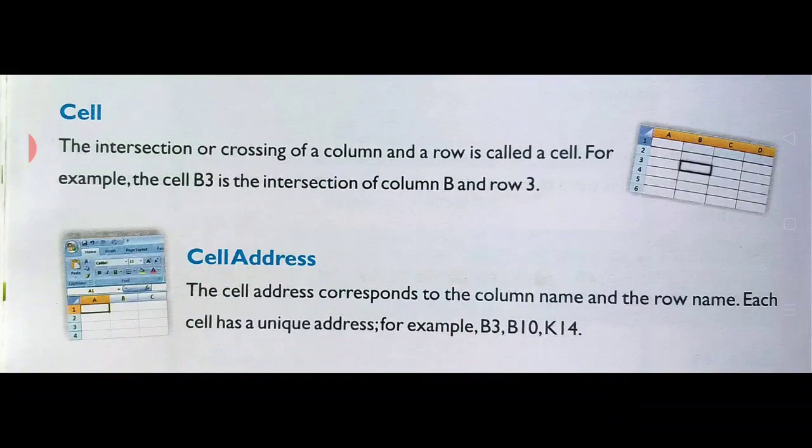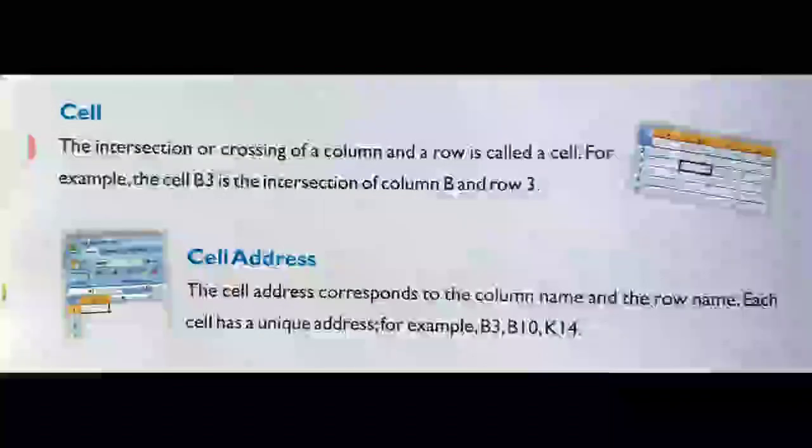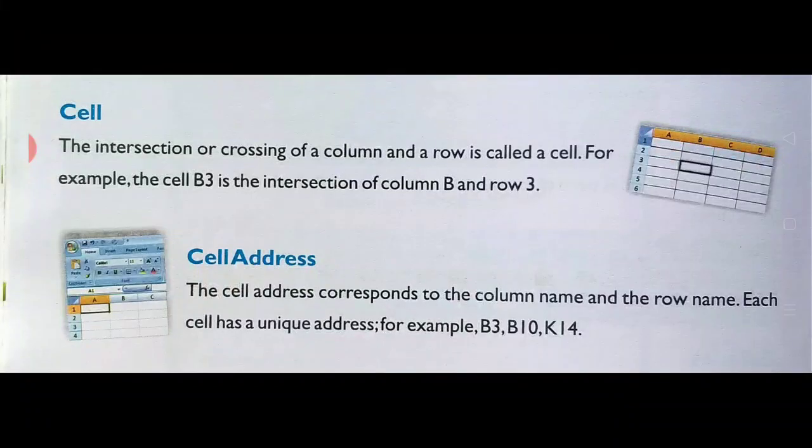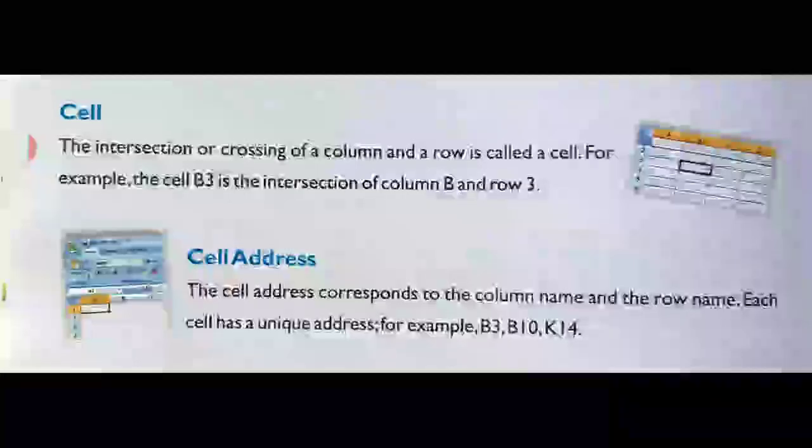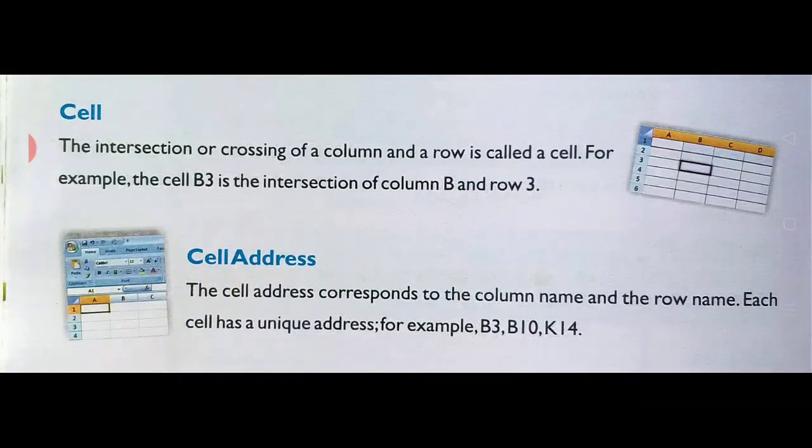Students, cell means the intersection or crossing point. As you can see on the screen at the top right corner, there is a figure with one small square present in column B and the third row. It means it is B3.